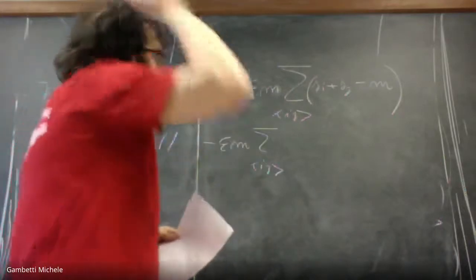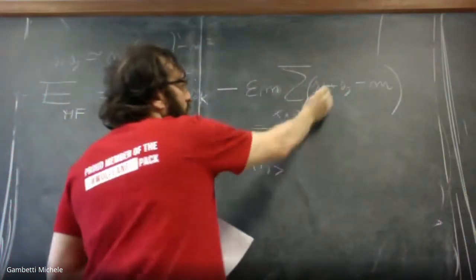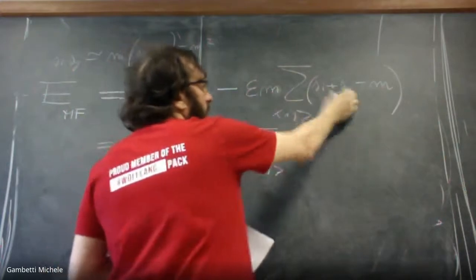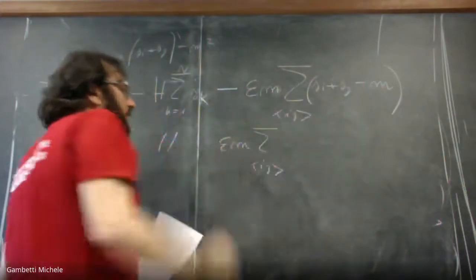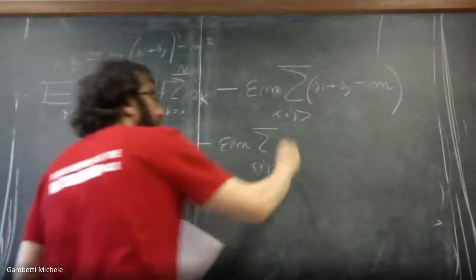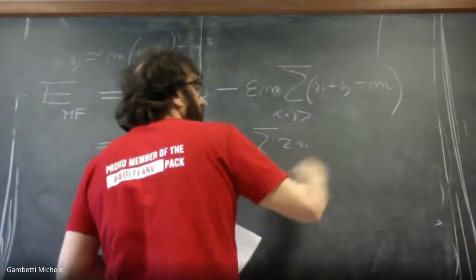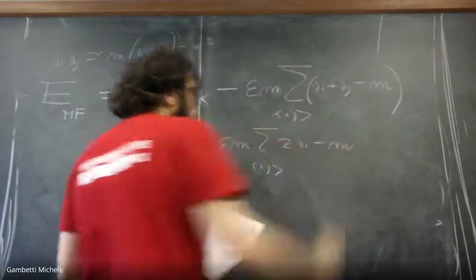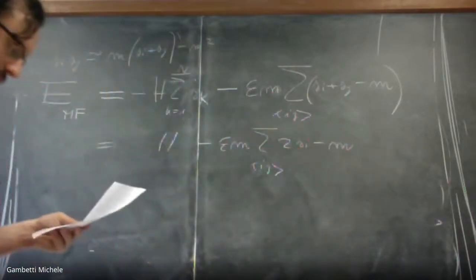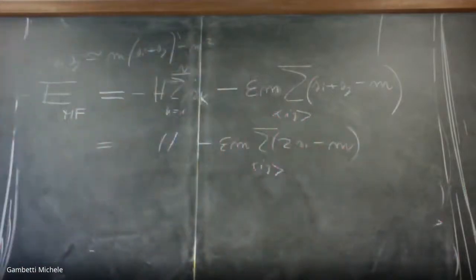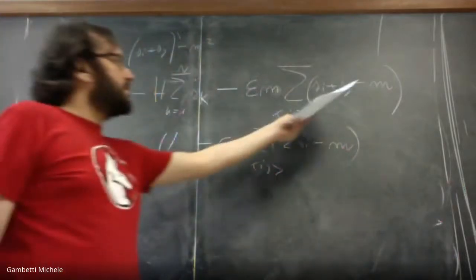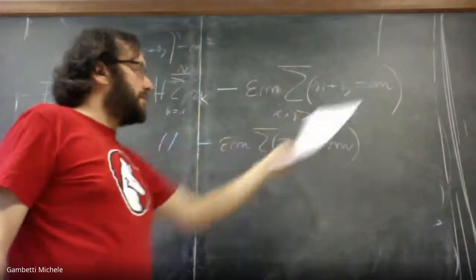Here you have the sum over ij of Si, and here the sum over ij of Sj, which are both separated. Therefore we get a factor of 2. So actually we have a 2 Si minus m, just because of saturation of these indexes. It's not important if I sum on the pairs by taking Si or Sj.